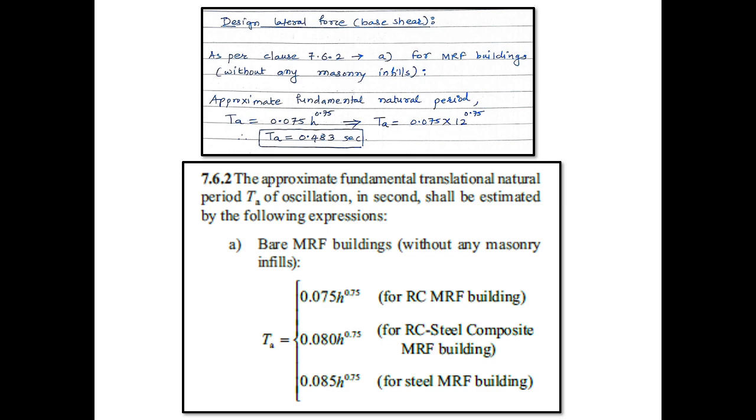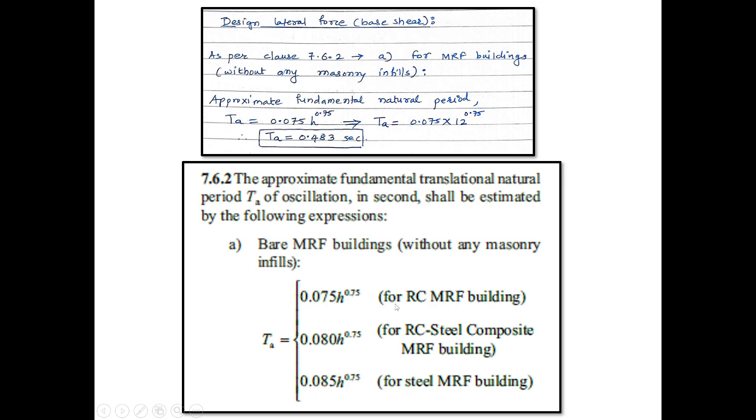Now the next step is to calculate the design lateral force, which is called base shear. Now as per clause 7.6.2, the approximate fundamental translational natural period Ta of oscillation in seconds shall be estimated by the following expressions, that is A, bare moment resisting frame buildings without any masonry infills, that means without any walls.